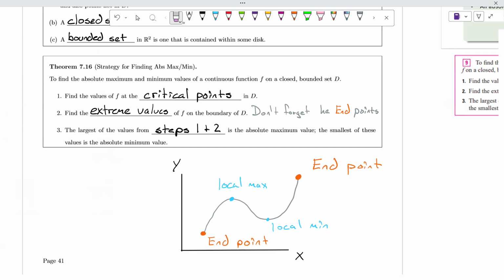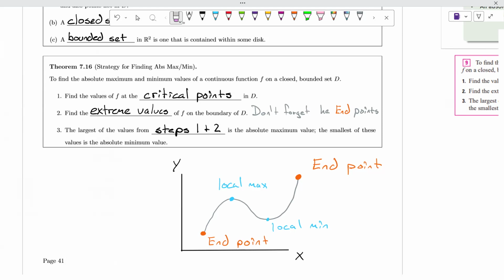Because now, instead of just having 2 endpoints of whatever our region is, we're going to have an entire boundary curve that contains our entire region. Which means after we do the Calc 3 problem of finding local maximums and minimums, which involves 2 partial derivatives that both have to be 0, we then have to parameterize our boundary curve and perform a Calc 1 maximum and minimum problem on that boundary curve, which means taking a derivative of it and setting it equal to 0.